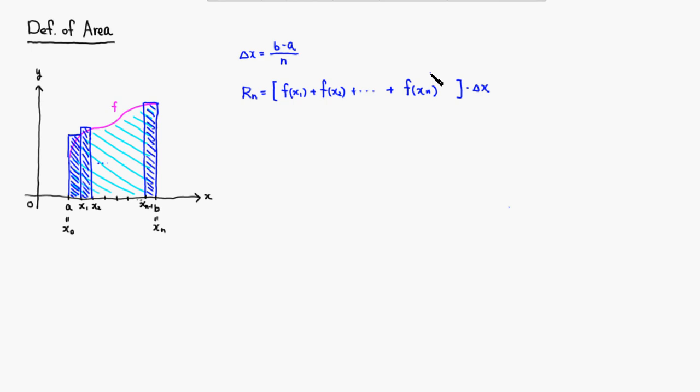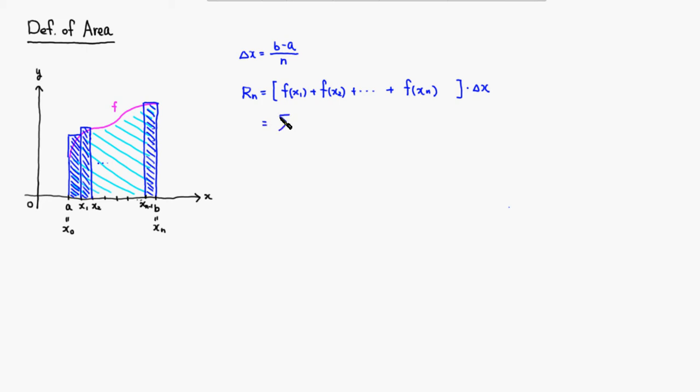Math people are pretty lazy, so they have a shorthand notation for the same thing. You can see that the sum is going from x1 through xn. So I'm going to use the summation sign, the sigma notation.